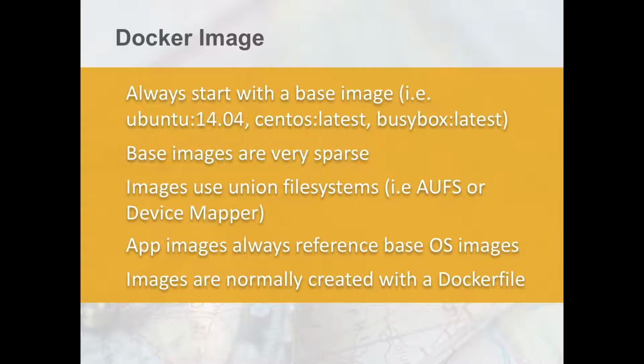So they can range from anywhere from 100 to a couple hundred megs, all the way down to 1 or 2 megs in the case of something like BusyBox or Alpine Linux. And we build additional layers on top of that when we add our applications using that Union file system. Typically that could be either using AUFS or we might be using Device Mapper to manage those different layers, depending on the host operating system that you're running.